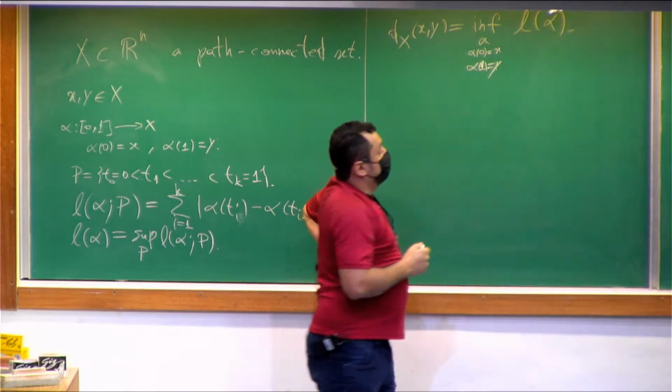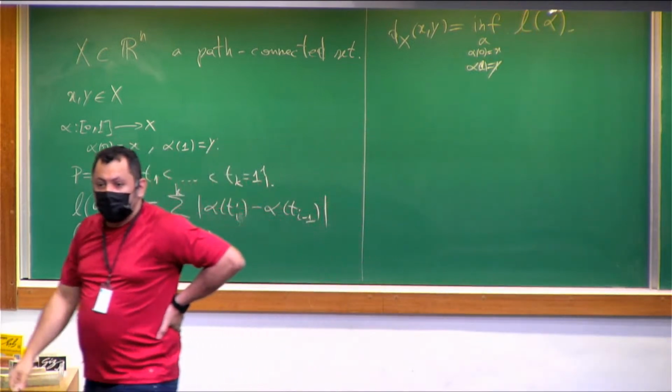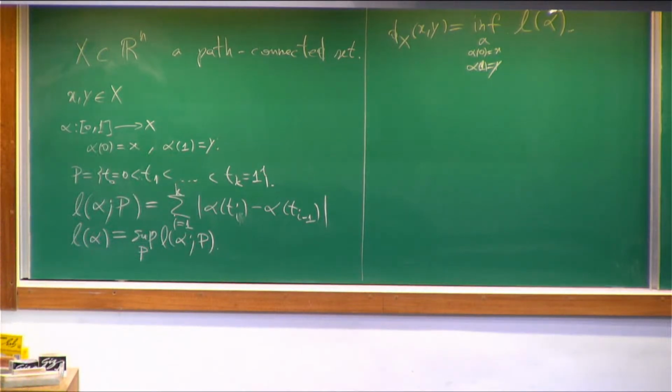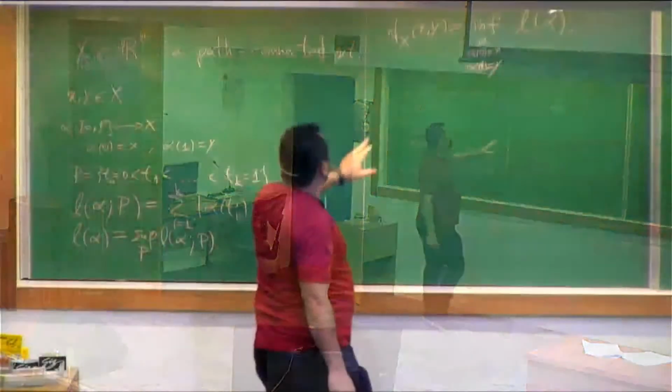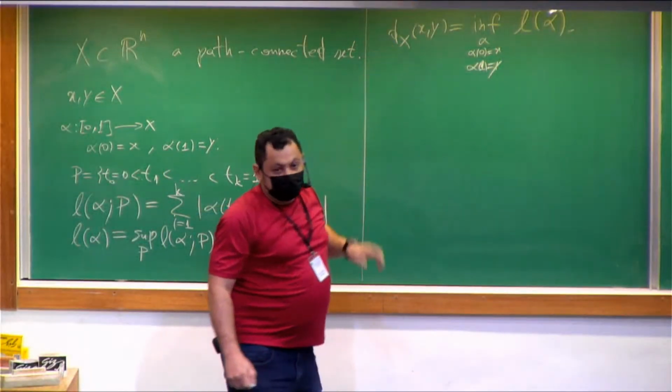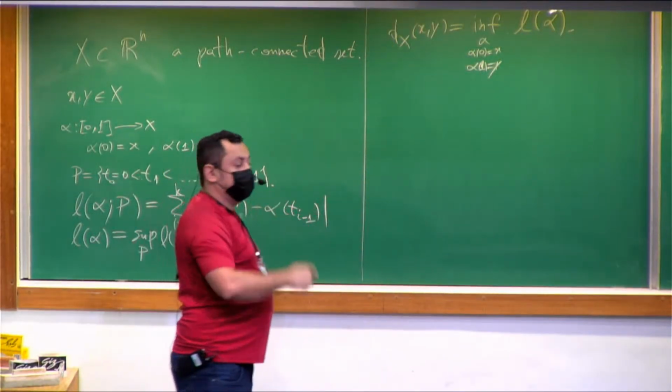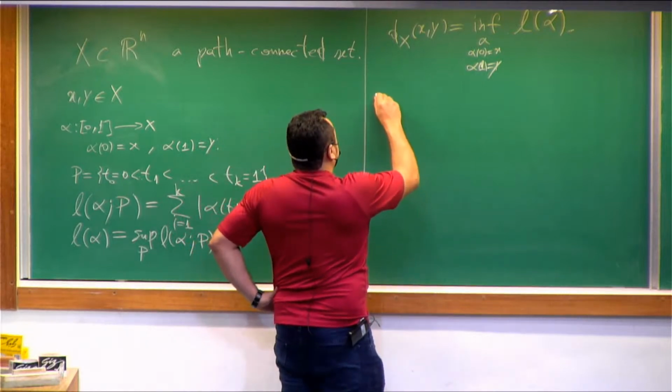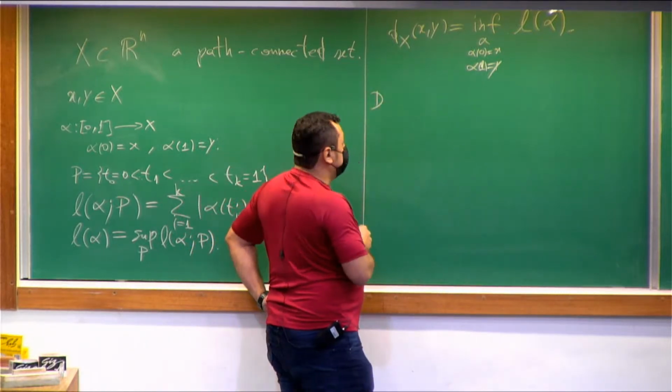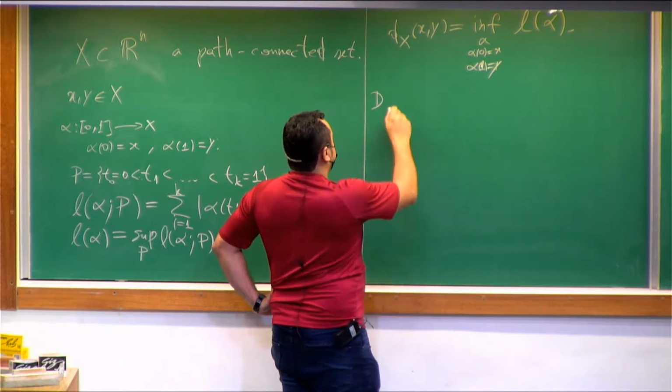So this gives a distance, right? And this is what we call the inner distance of X. With that definition, we can define what a Lipschitz normally embedded set means.